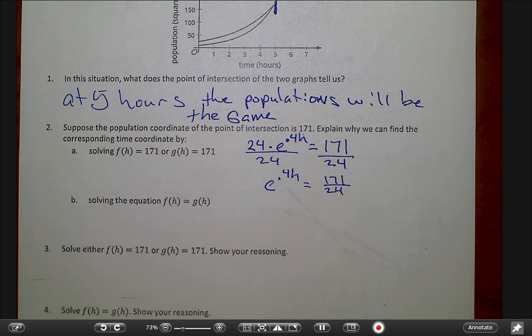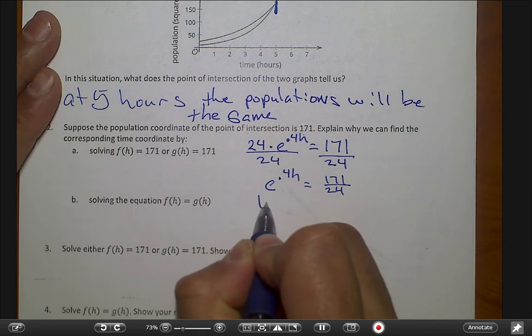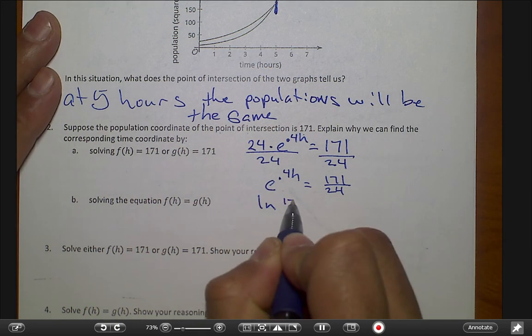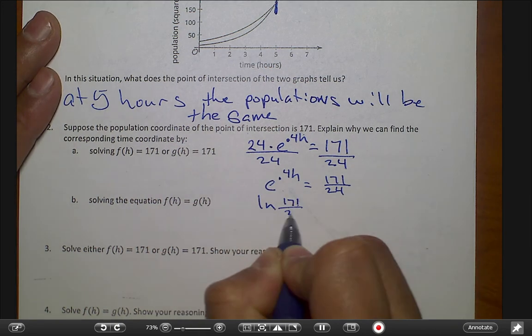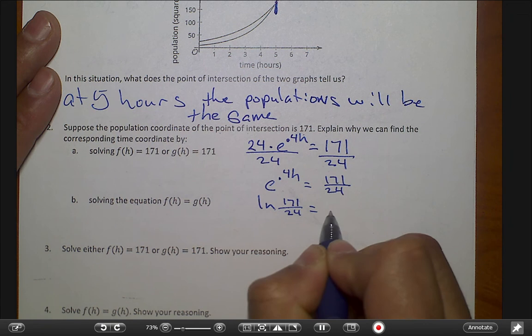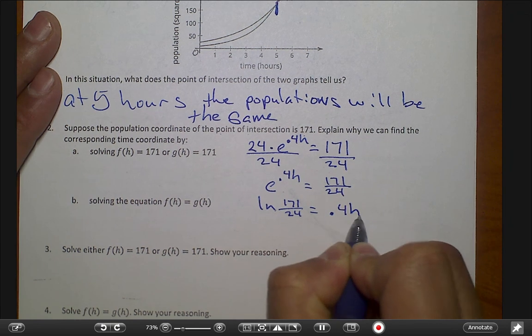Okay, and now we're going to what? ln. Very good. We're going to ln. So it's going to be ln of 171 over 24 is equal to 0.4h.